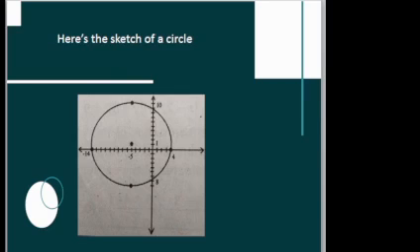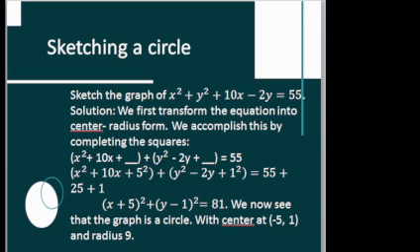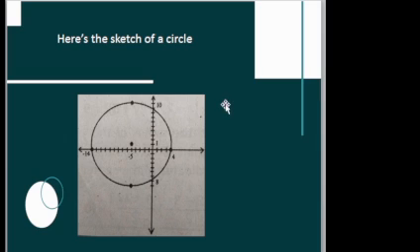Okay, and here's the sketch of that circle. The center is at negative 5 and 1, and the radius is 9. So you look at here, the center is at the second quadrant of the Cartesian plane because the x is negative 5 and the y is 1. So we have to plot the point negative 5, 1.